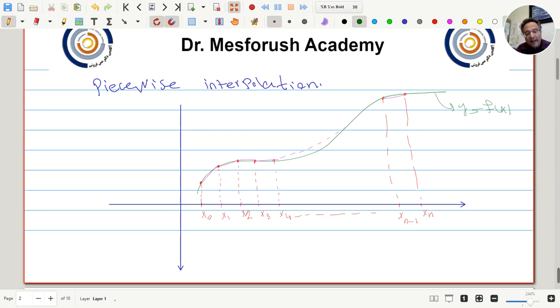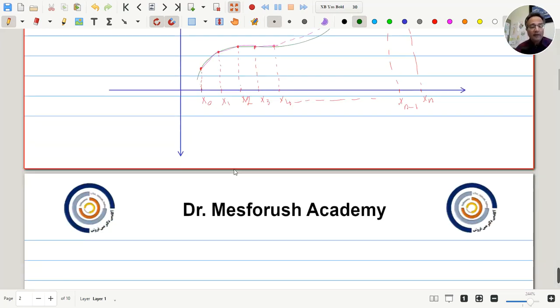And if we use a polynomial of degree 2, we have a spline of degree 2, and it is very natural that we use a polynomial of degree 3 between each 2 points. In this case, we call the interpolating polynomial a cubic spline.